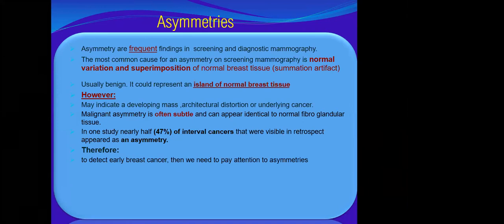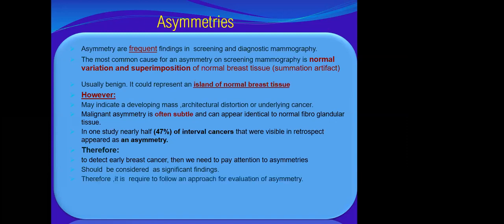Therefore, we said we have to detect early cancer, then we need to pay attention to asymmetries and decide which one should be further evaluated or is just representing a summation artifact or an island of normal breast tissue. So we should consider it as a significant finding, and therefore it is required to follow an approach for evaluation of asymmetry.